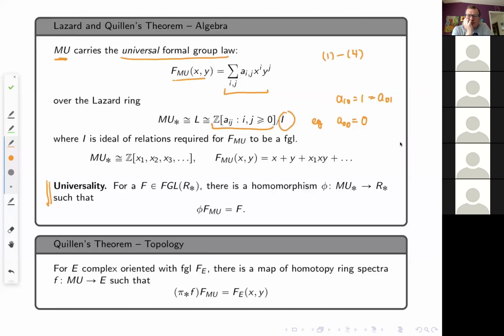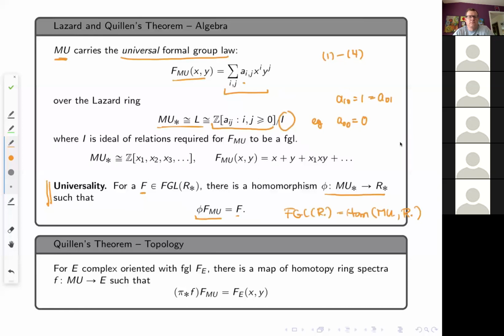If you have any other formal group law, then there's a homomorphism from this ring, where you modify by I, to R star, such that if you apply phi to the coefficients of this gadget, you get the formal group law F. That's what it means to be universal. It means that formal group laws over R star are represented by homomorphisms from MU star to R star.